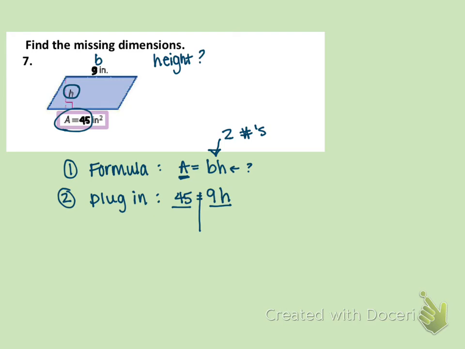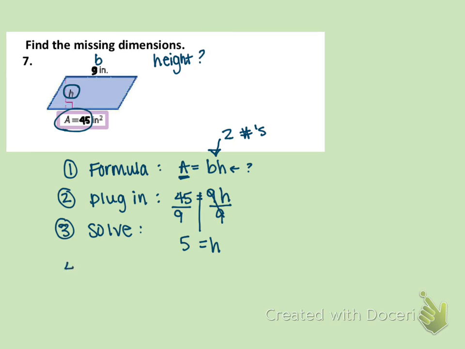We are dividing by the number that is next to the variable, which happens to be 9. 9 divided by 9 is 1, and 1 times H is just H. This is us solving. We should know what 45 divided by 9 is, and that is 5.